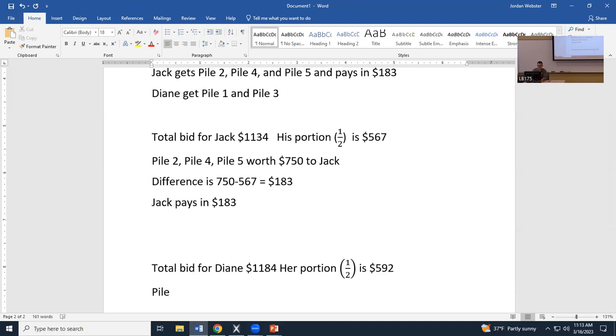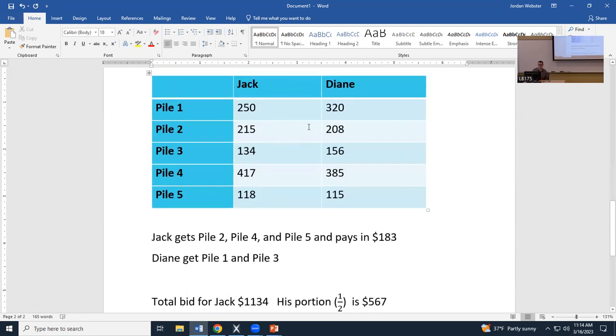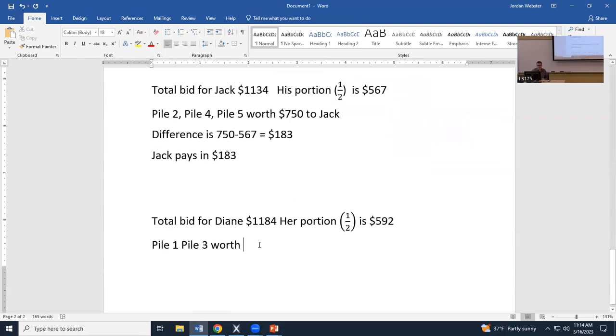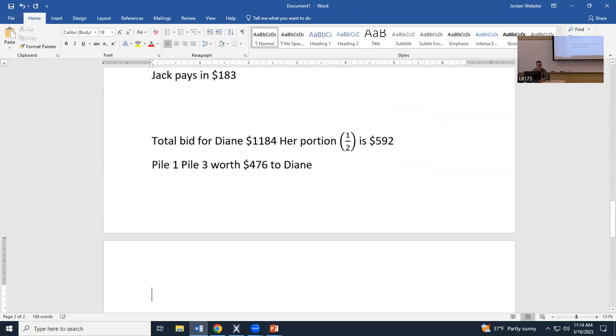Now to Diane, she got pile 1 and pile 3. So they are worth 320 plus 156 together. That's $476. We get that? So to Diane, those 2 piles that she got are worth $476 to Diane.